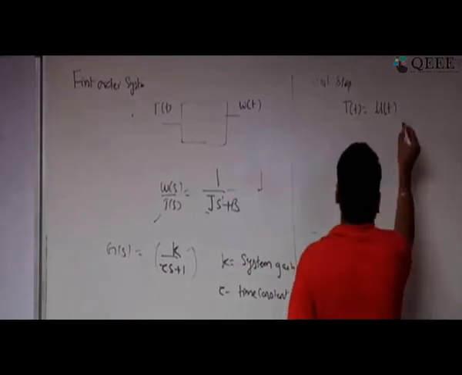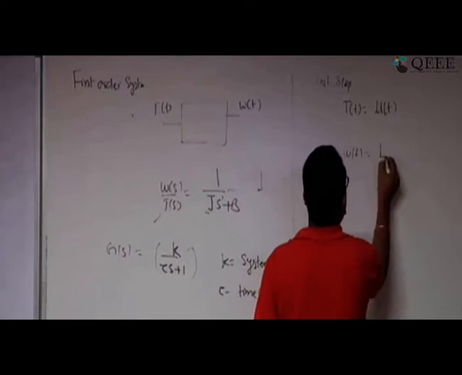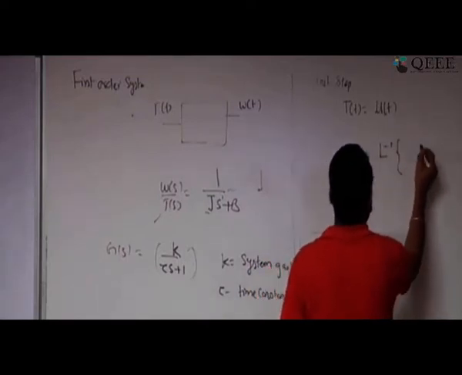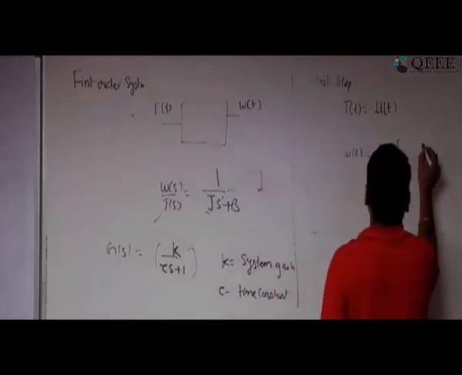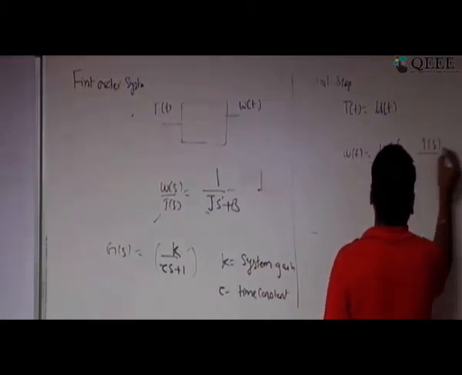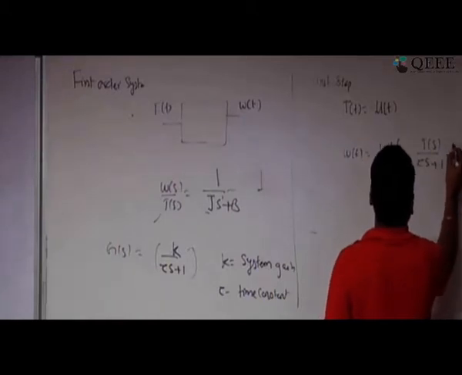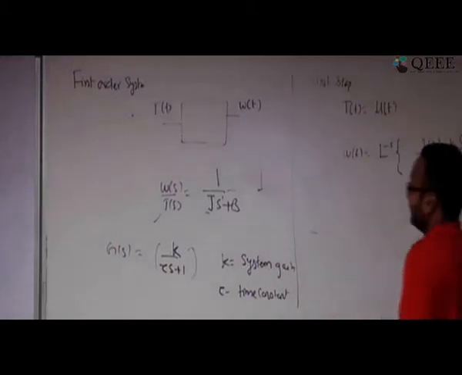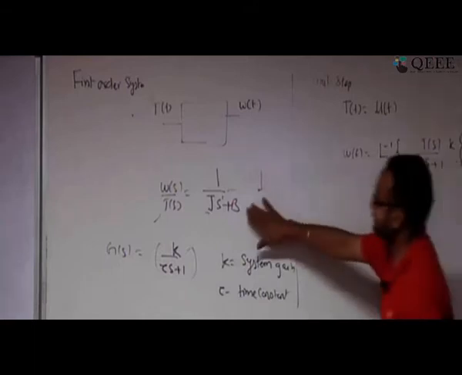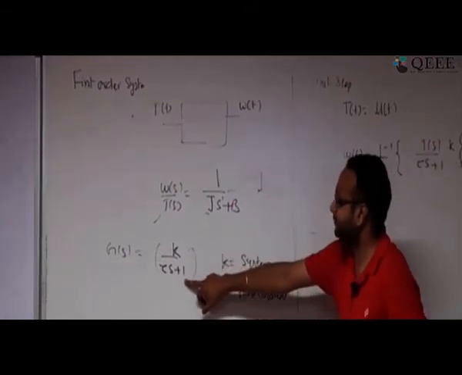Okay, so now omega(t) is going to be the inverse Laplace transform of T(s) divided by tau s plus 1 times k, correct. So now I am not using Js plus b; you can find that k is going to be 1 by J and tau is going to be J by b.